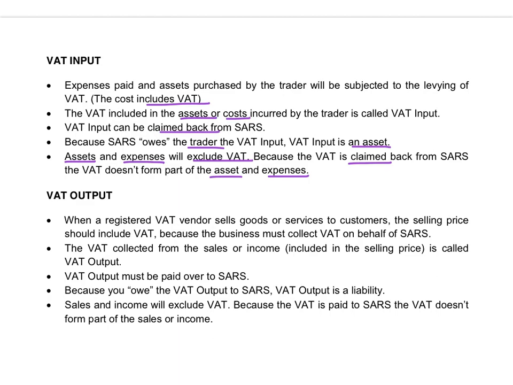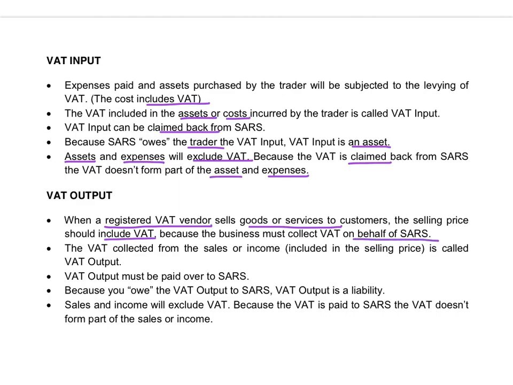So if you're a registered VAT vendor, so you're registered with SARS as a VAT business, you have to charge VAT on all the goods and services to your customer. So this selling price will always include VAT because we collect the VAT on behalf of SARS.